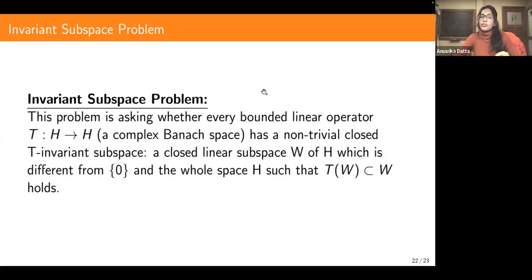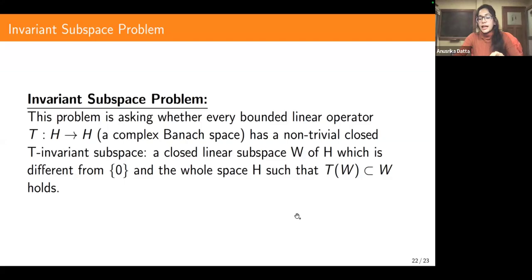It asks whether every bounded linear operator has a non-trivial closed invariant subspace or not. What does that mean? It asks whether there is a closed linear subspace W of H, different from the empty space and the whole space, such that TW is a subset of W.